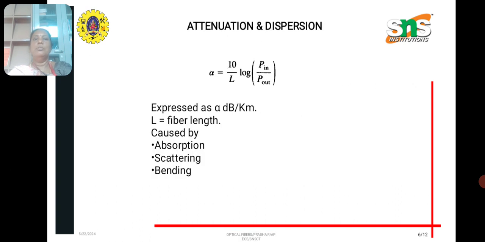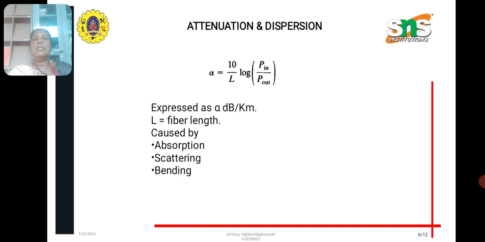And now the attenuation and dispersion. Attenuation, we know, is a signal reduction, and it is given by the formula alpha is equal to 10 divided by L log of P in divided by P out. And this attenuation, that is signal reduction, is expressed in decibels per kilometer.